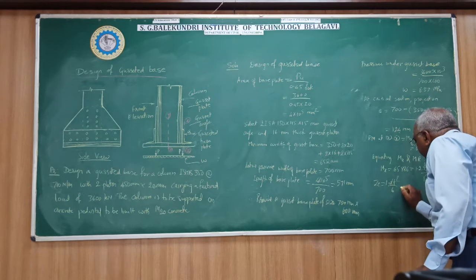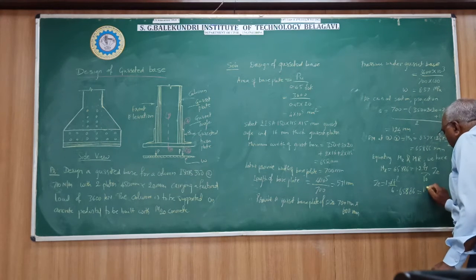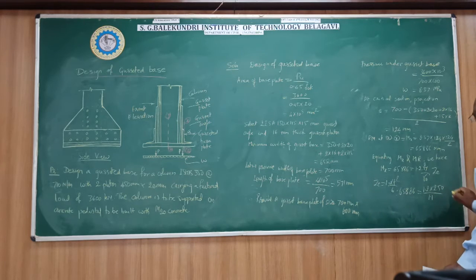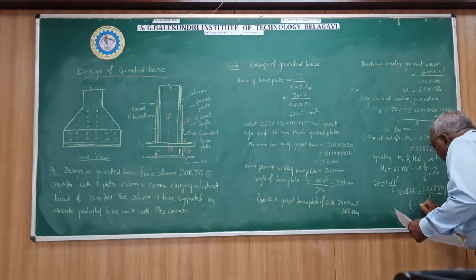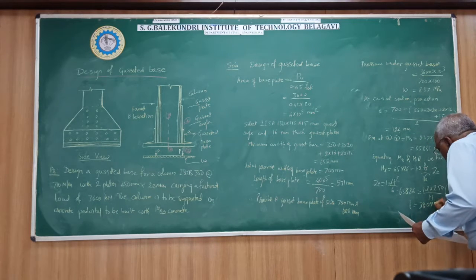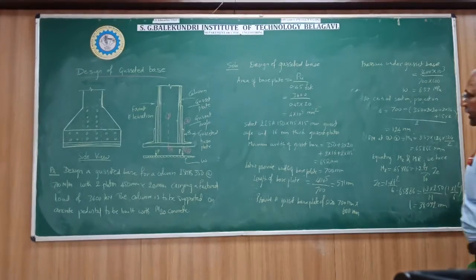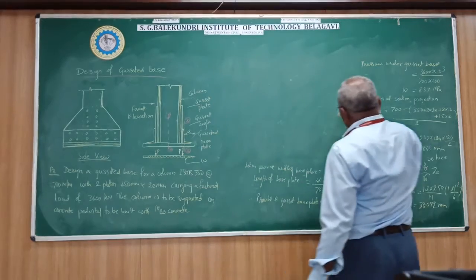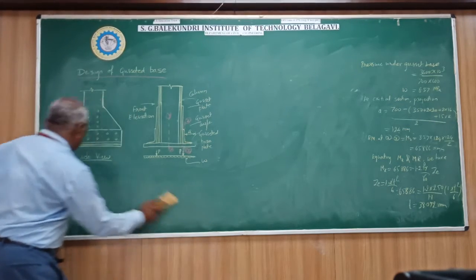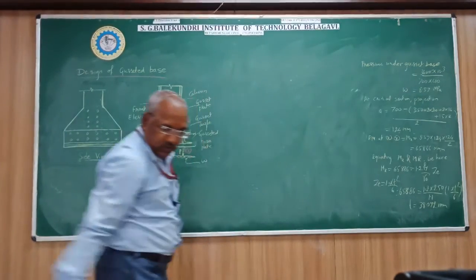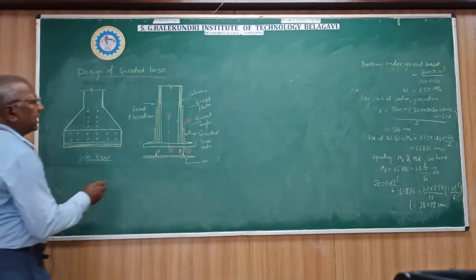Hence 65886 equals 1.2 into 250 divided by 1.1, into 1 into t square divided by 6, or we'll get t equal to 38.072 mm. So this is the thickness at the critical section, which includes the thickness of the gusset angle also.